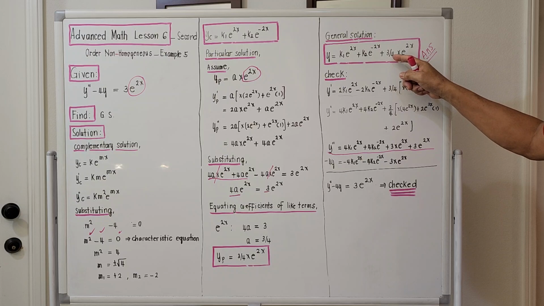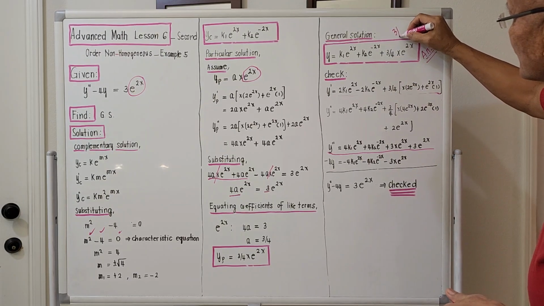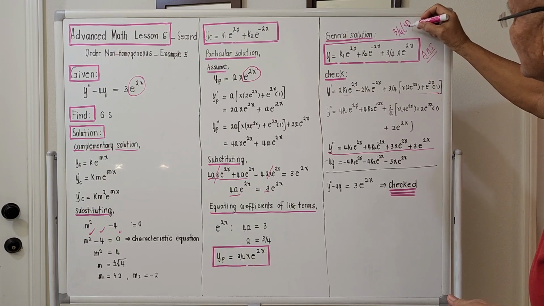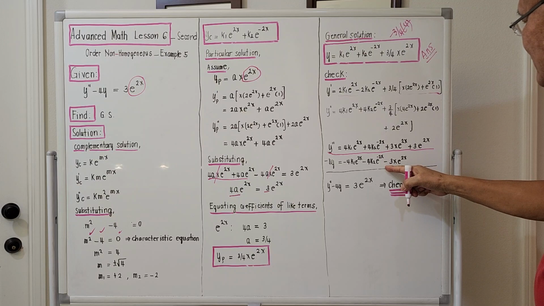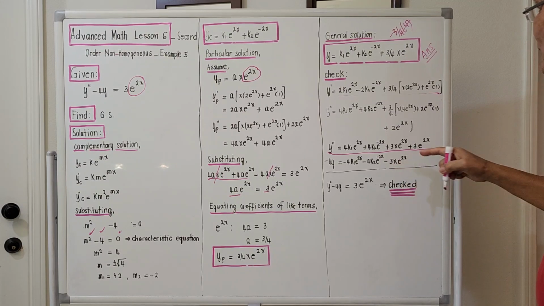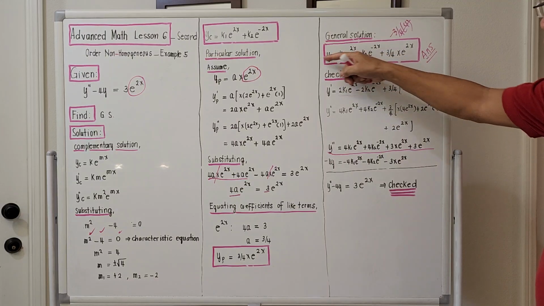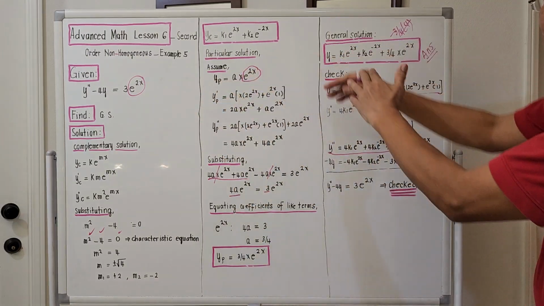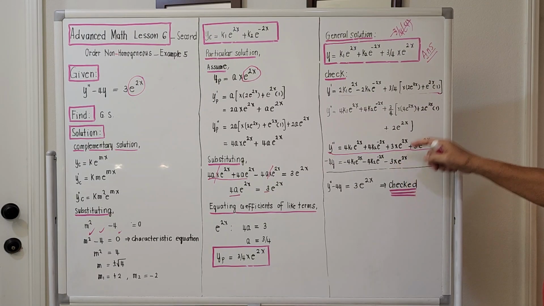And if we multiply this by negative 4, 3/4 times 4 will cancel out, but it will be negative. So this is negative 3x e to the 2x. That's the value of y after the multiplication of negative 4 to all the terms.